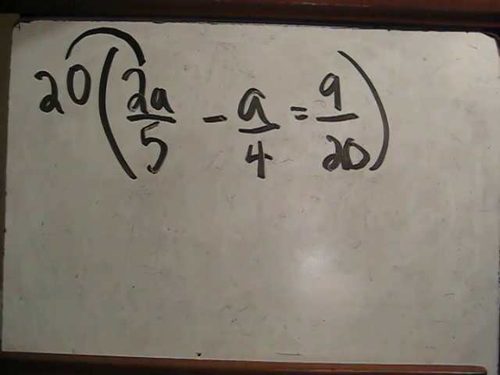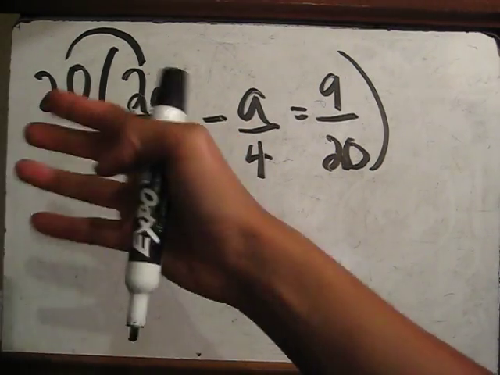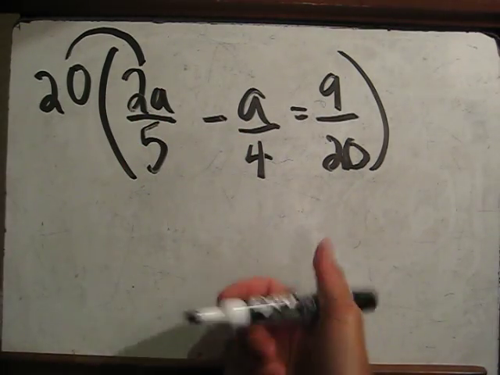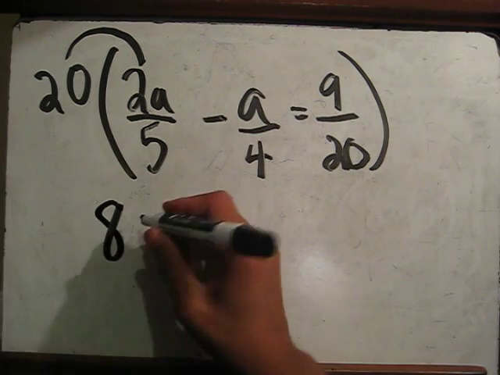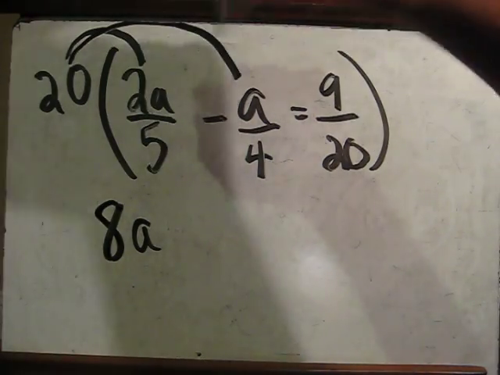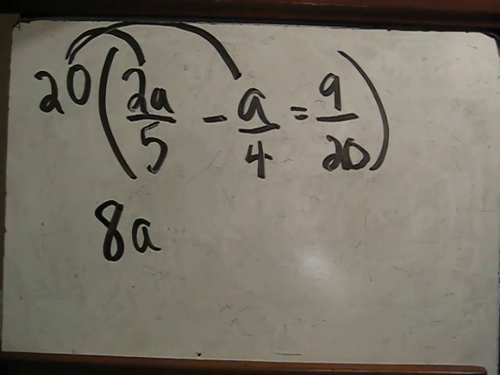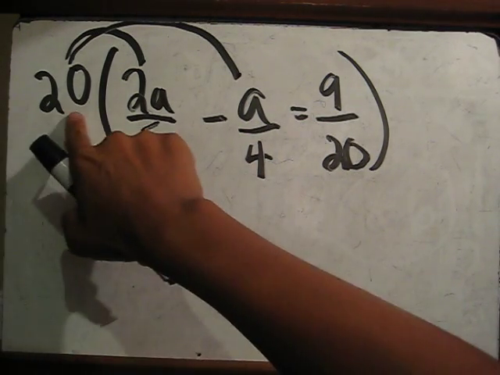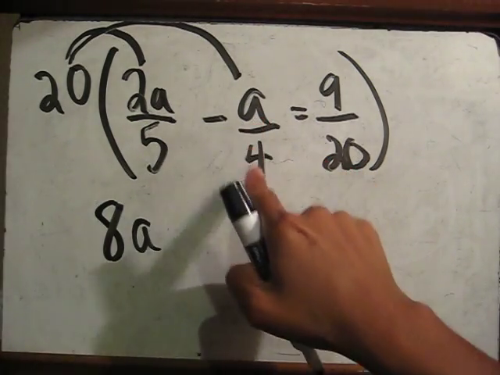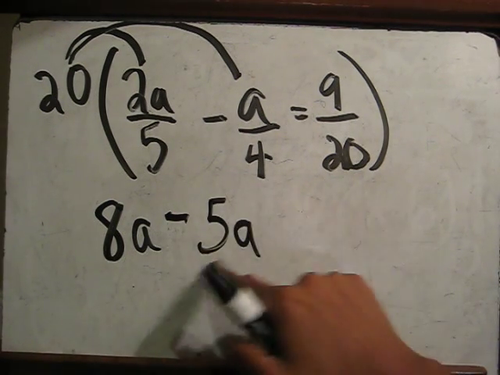It's like you're distributing that 20. So 20 times 2a over 5 becomes 40a over 5, and 40 over 5 is 8, so it's 8a. Then this negative a over 4 times 20 becomes negative 20a over 4. Negative 20 divided by 4 is negative 5, and you have the a there.